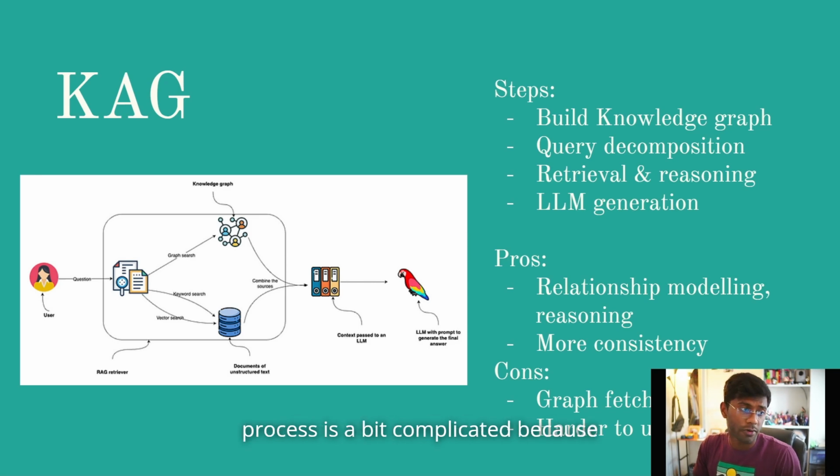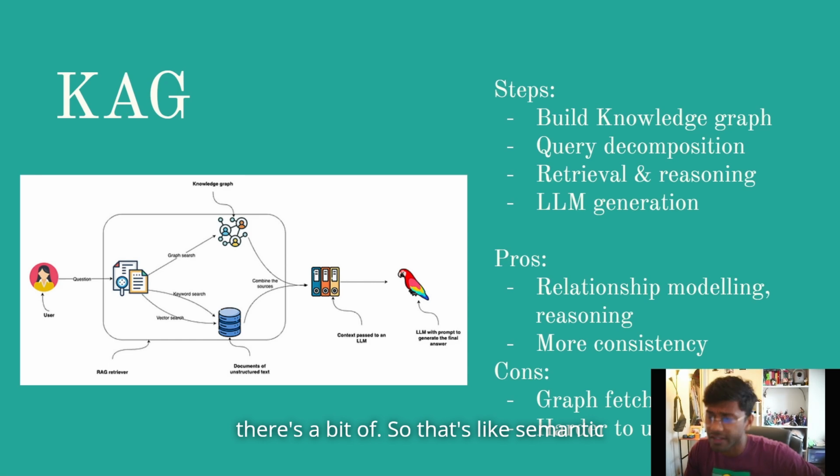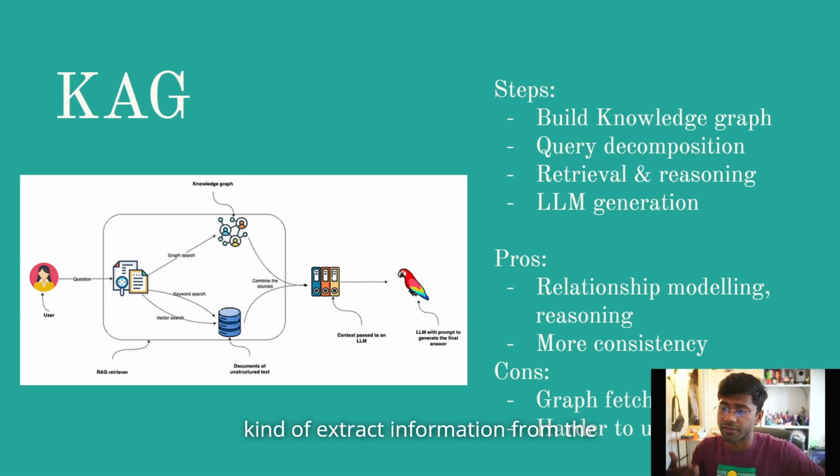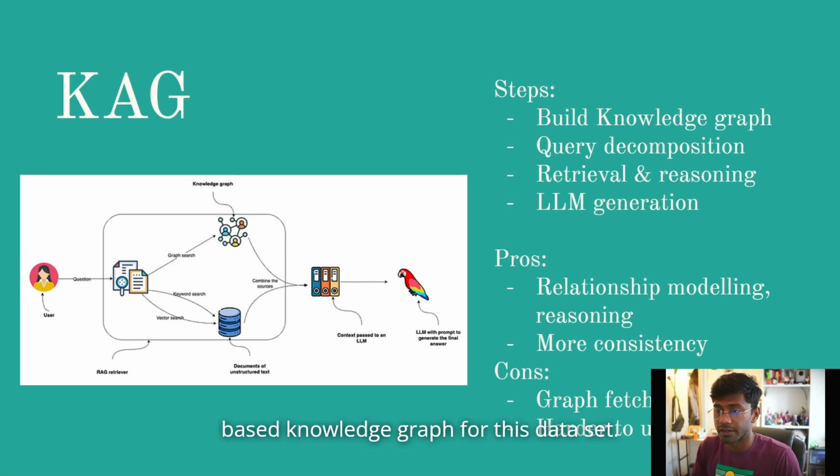The actual process is a bit complicated. There's semantic chunking, and then we use an LLM to extract information from the data. You identify these entities and relationships using another LLM, and then align that against the input documents. It also uses a template graph that it aligns against for similarity, and then finally generates a domain based knowledge graph for this data set.